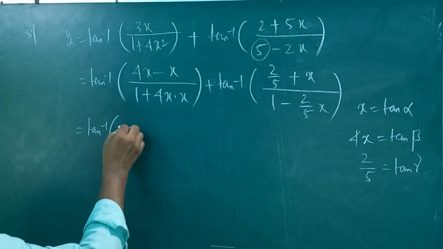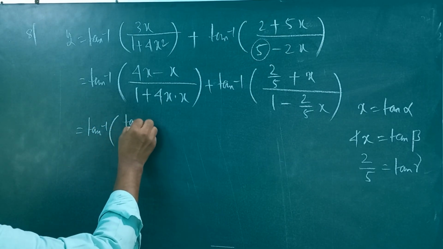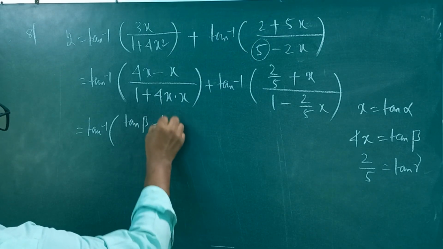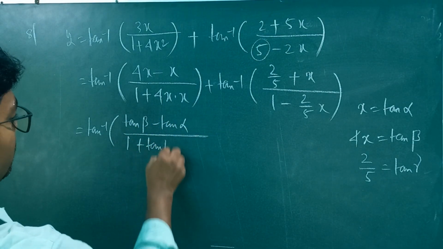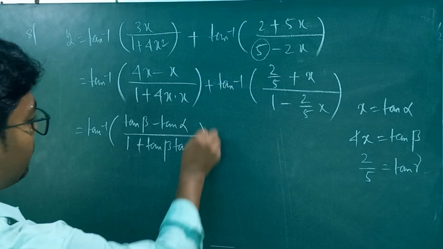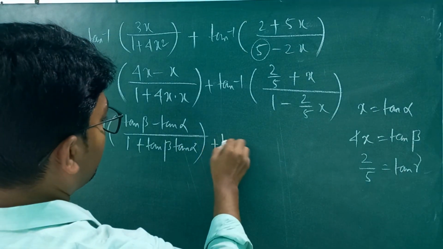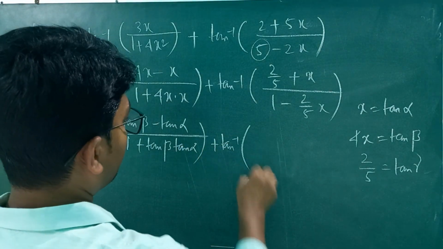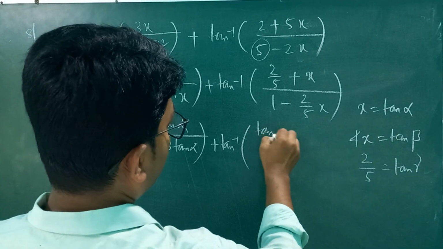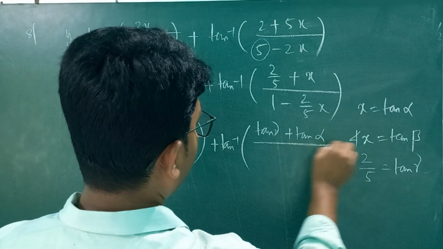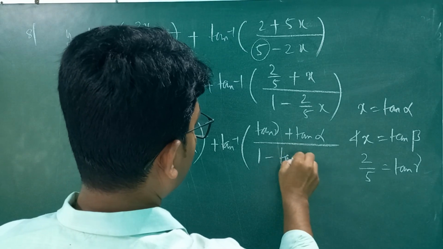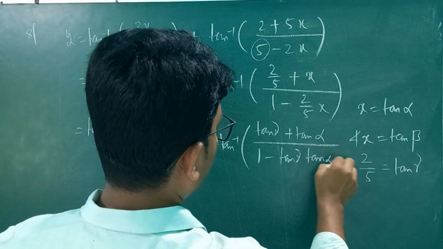Tan inverse of (tan beta minus tan alpha) by (1 plus tan beta tan alpha) plus tan inverse of (tan gamma plus tan alpha) by (1 minus tan gamma tan alpha).